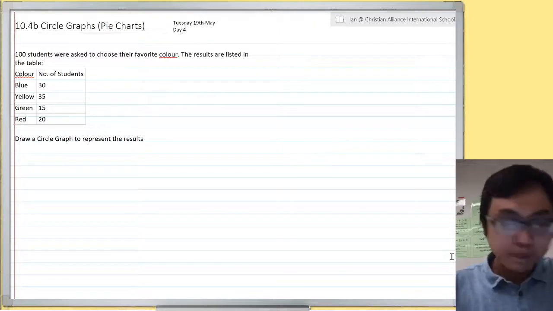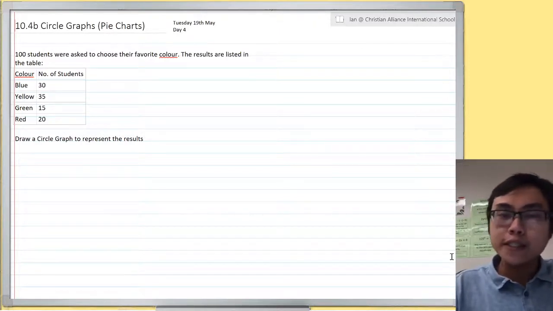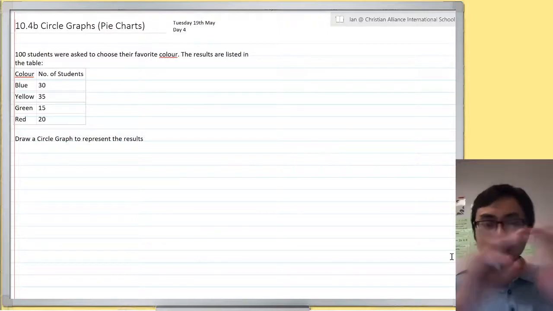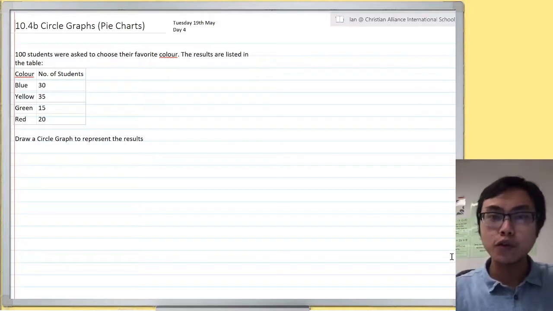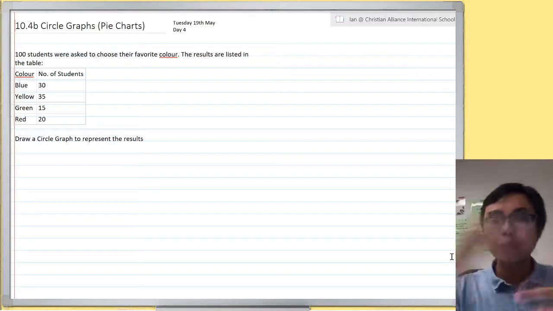Now, first of all, just from knowing this table, it's not so easy to draw a circle graph, because in a circle graph, each one of those areas represents a fraction of the people that are surveyed.